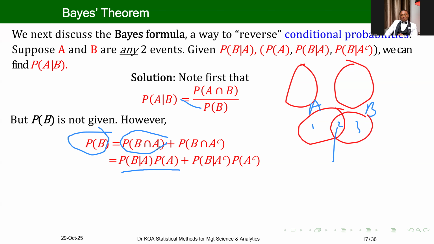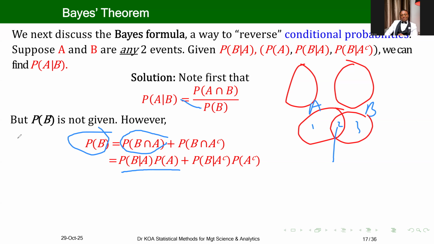You can take this principle of this intersection here and pick it here. Watch it, it's the same intersection, just that this one is A complement. So if this one is B given A times A, then this one will be what? It will be B given A complement times A complement. Does it make sense? It should make sense.